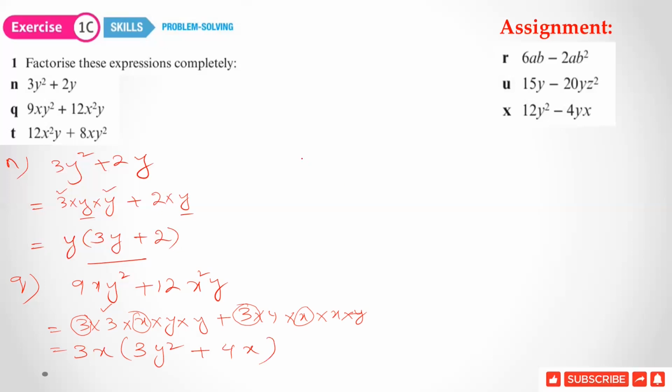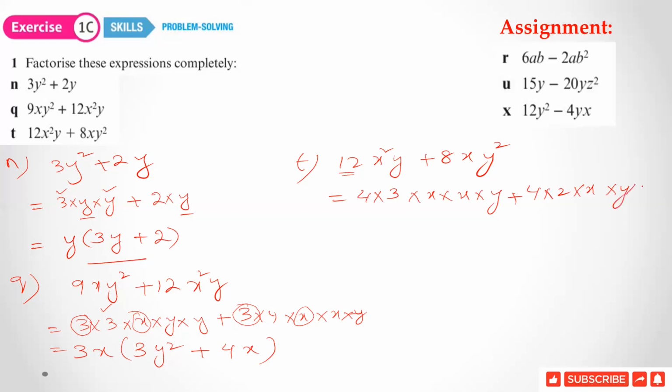We can do the same way question T. 12x square y plus 8xy square. Now we check. 4 times 3 equals 12, times x times y. We do the same method with the second term: 4 times 2 times x times y. We now get the common ones. So 4 is common between these two terms. X is also common. Do we have another thing common? Yes, we have y common as well.